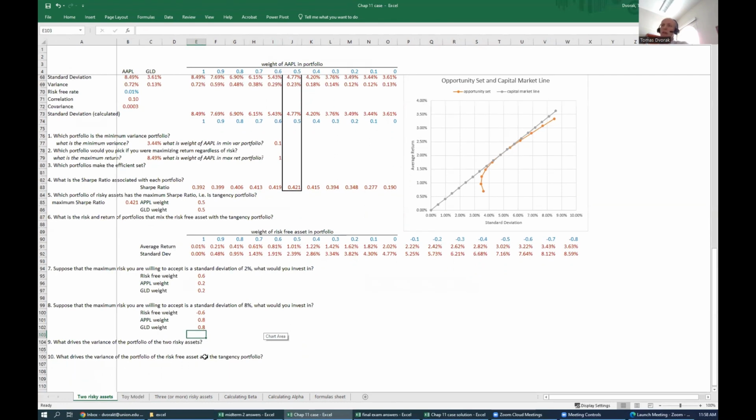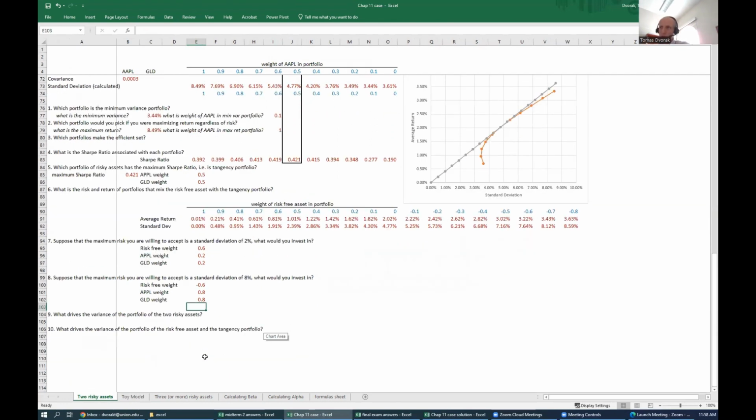What drives the variance of the portfolio of the risk-free asset and the tangency portfolio? Well, it's just how much risk-free asset we put into the portfolio. If I want to have very little risk, I'm just going to keep my money in cash, keep my money in treasuries, in the risk-free asset.